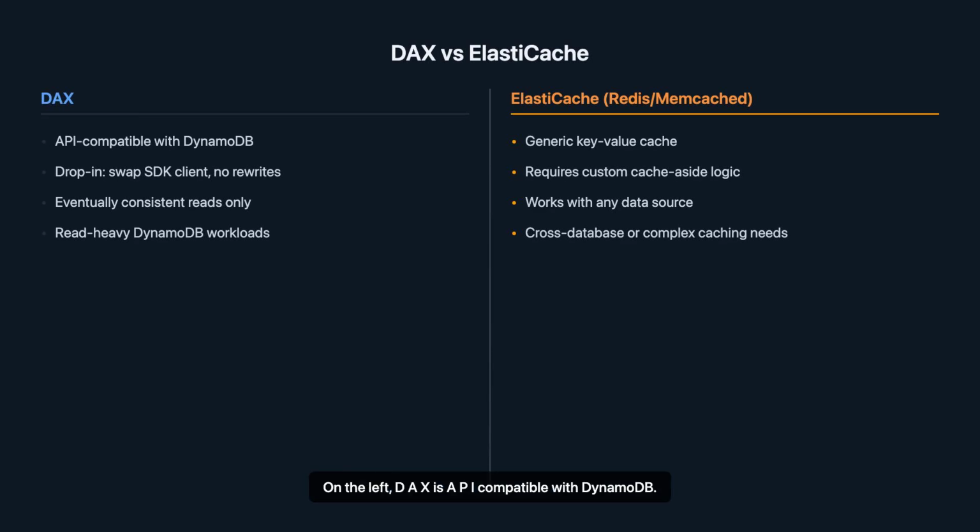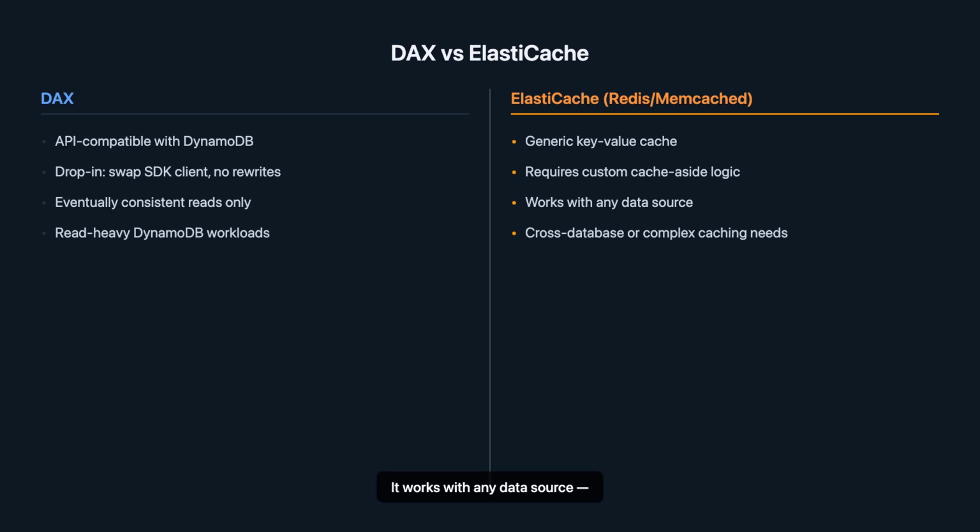On the left, DAX is API compatible with DynamoDB. You swap the SDK client and you're done: no code rewrites, no cache-aside logic. But it only does eventually consistent reads, and it's purpose-built for DynamoDB workloads. On the right, ElastiCache running Redis or Memcached is a generic key-value cache.